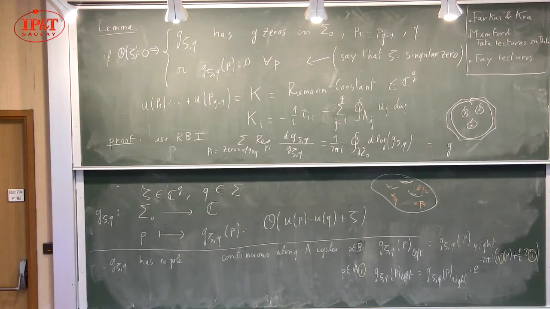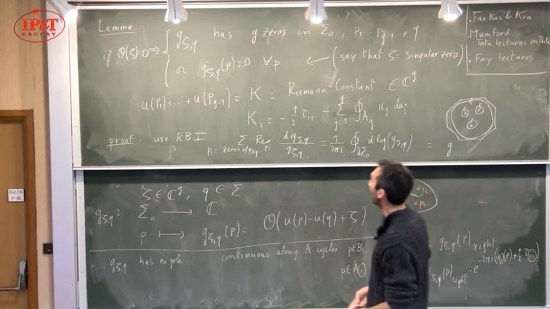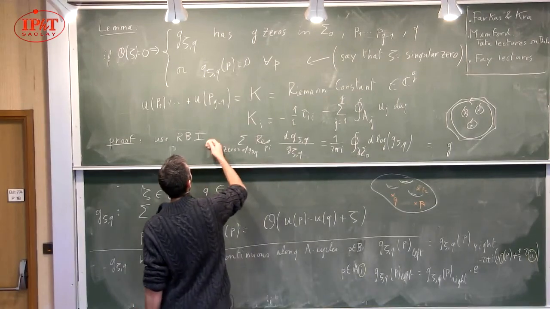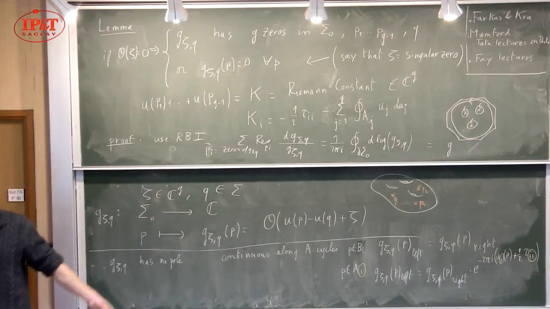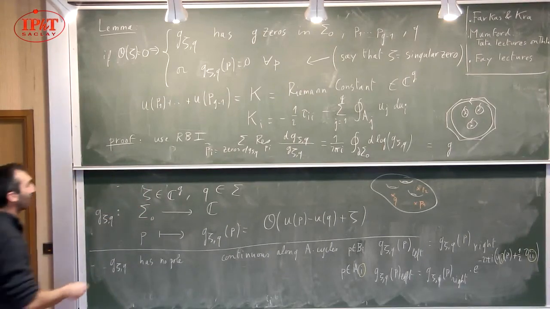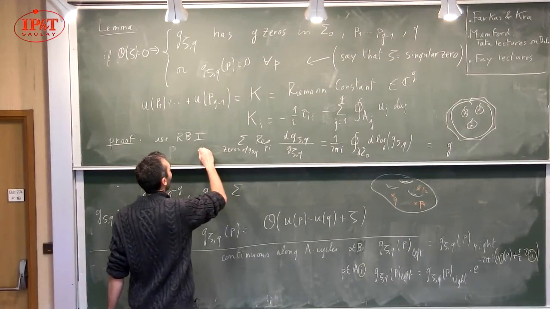Sorry, you include the q in the sum of the residues. Yes. But you do not include the q in the statement which defines K. Let's call them p tilde i, and you don't know yet what they are, but it's just all the zeros.